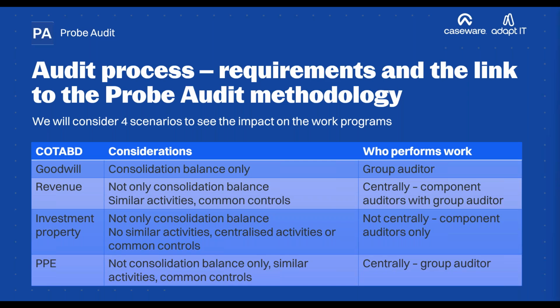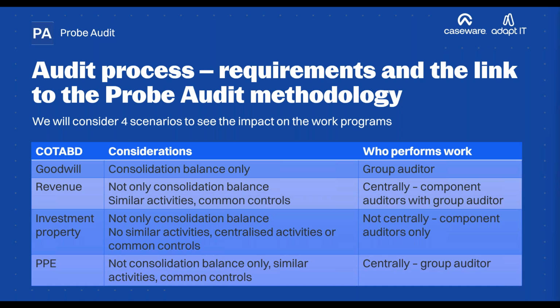Next up is revenue, where for today's purpose, I've said, well, obviously it's not a consolidation balance only. There are different entities that all have revenue, and in the one component, I've got two components, but in the one component, I've got similar activities and common controls, and so therefore we could audit some of those centrally, and also have the component auditors help us.